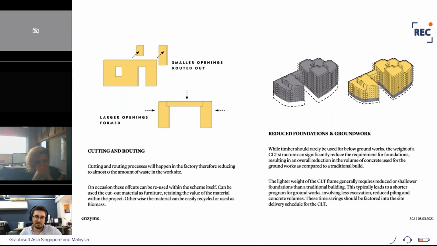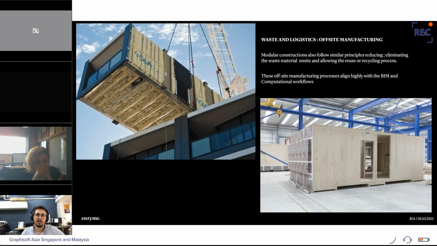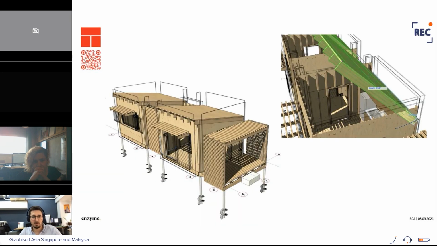And CLT is one thing, but also modular construction, bringing more complex elements and assembling them on site, will reduce the amount of waste even further. So these are a few examples of some of our projects now, as I said, in Canada.